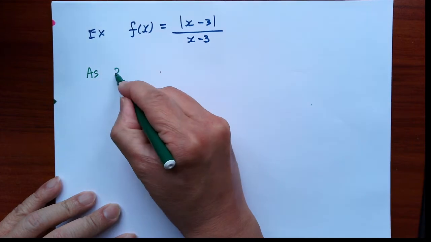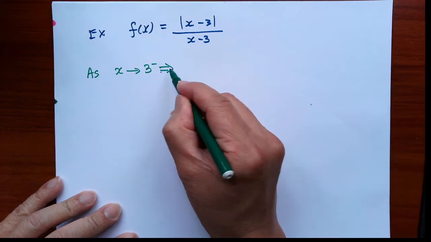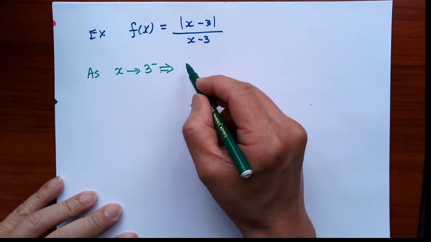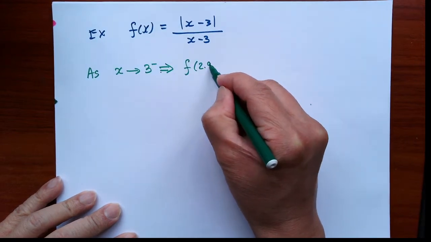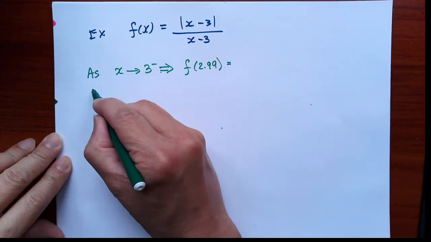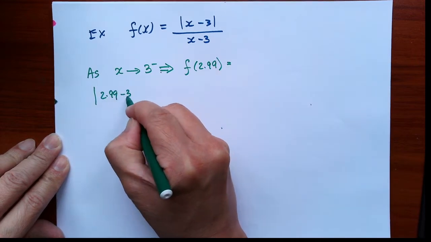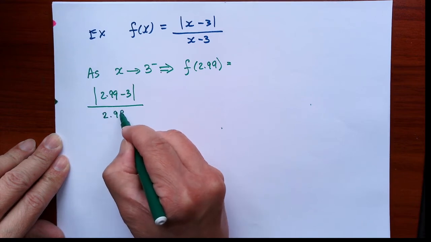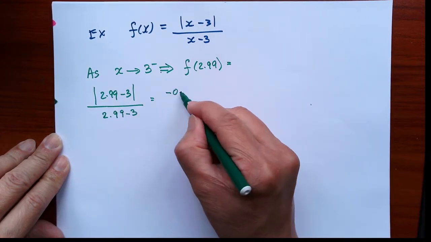As x approaches 3 from below, what happens? Let's take a value 2.99 again. F of 2.99 equals the absolute value of 2.99 minus 3 over 2.99 minus 3. 2.99 minus 3 is minus 0.01.